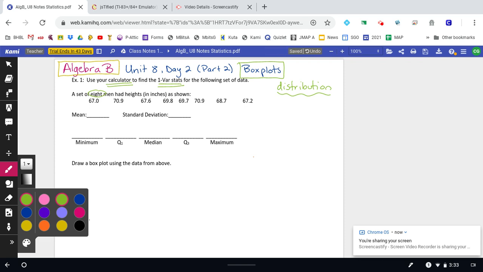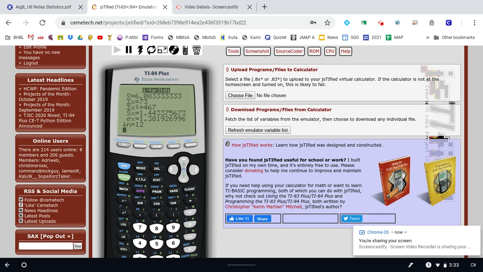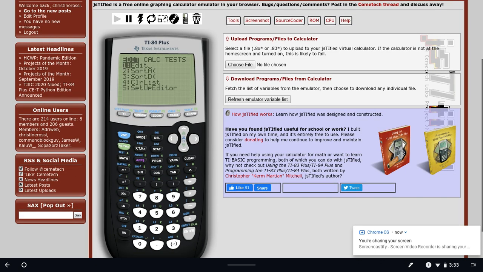So I'm going to go to my calculator. Remember, stat, edit. We're going to go up and clear that, hit enter, go over to L1, clear it, hit enter. Now I'm going to enter the data values.